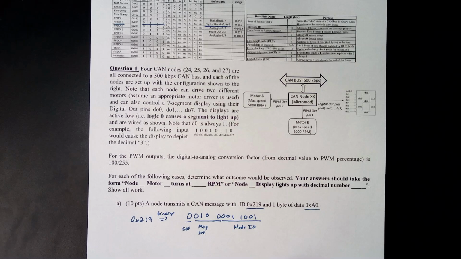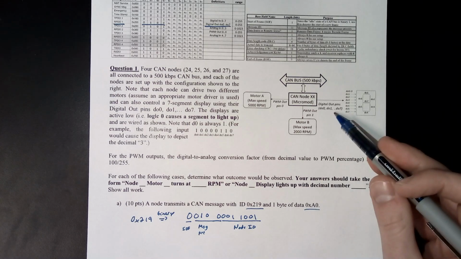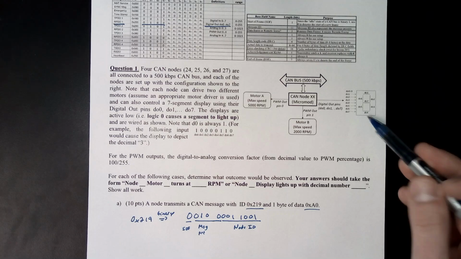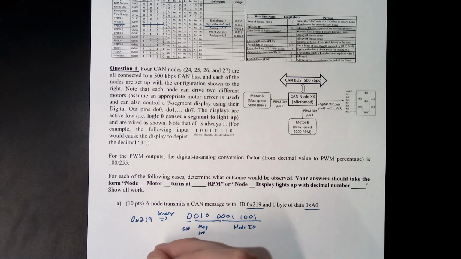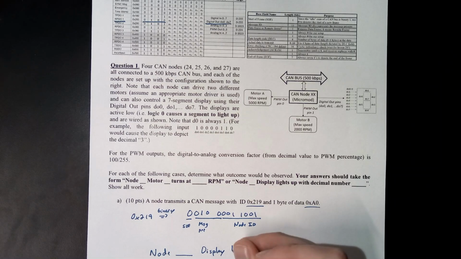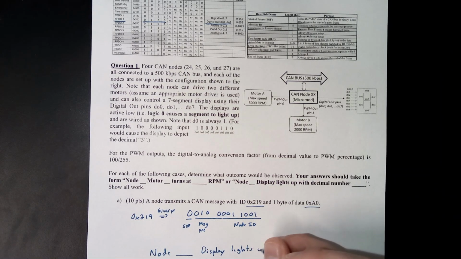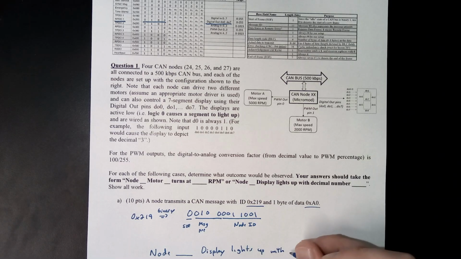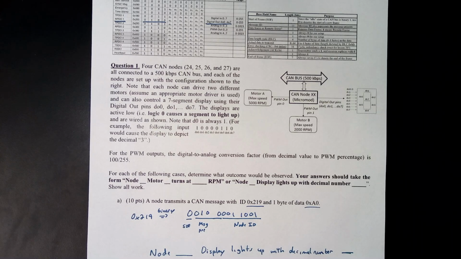And since it's digital out, we know that our digital out pins are connected to this 7-segment display. So we can start our message: "node blank display lights up with decimal number blank." We still need to solve those couple of blanks, which we'll figure out next.